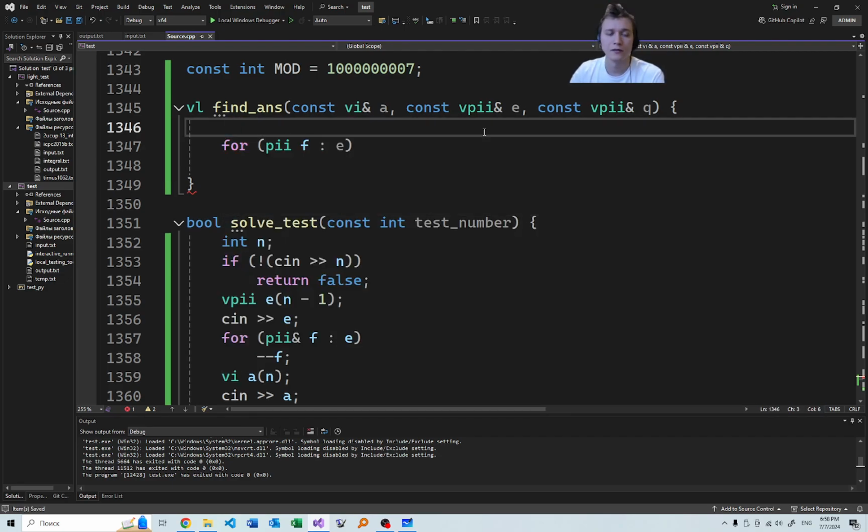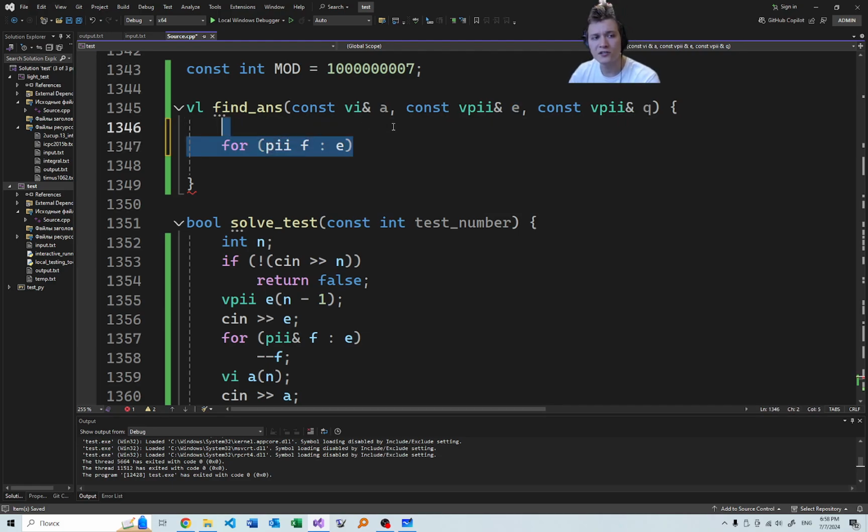So we start with. So actually, we need to construct a structure.